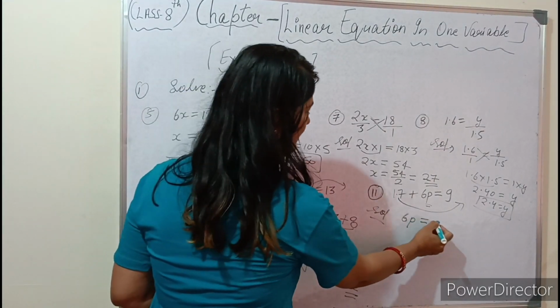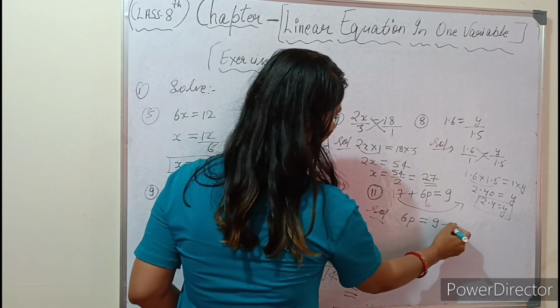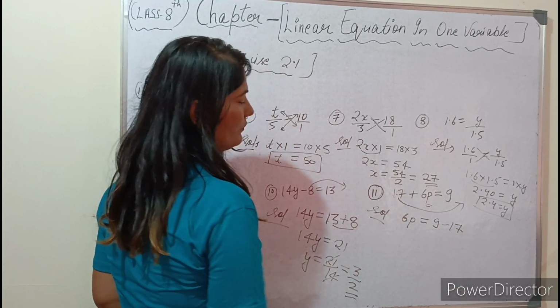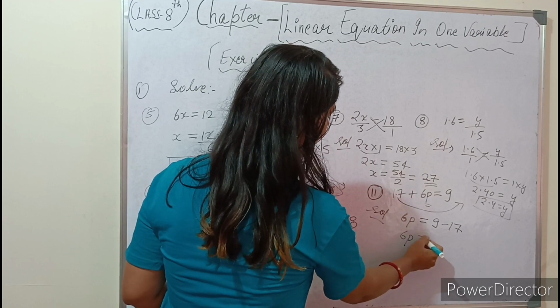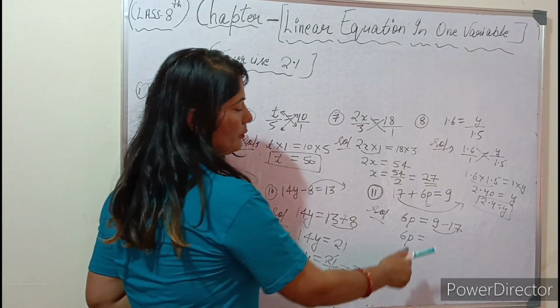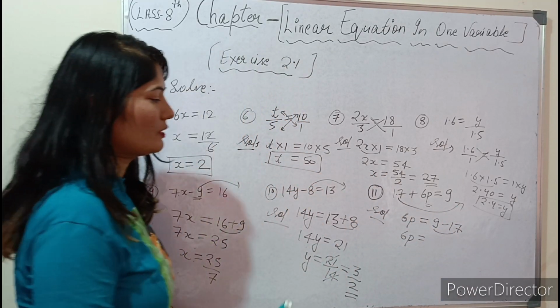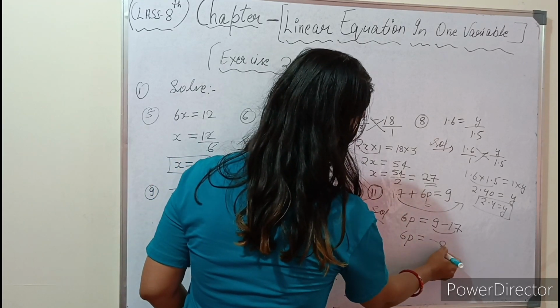So write 9 as it is, and this is plus 17, it will go to this side, it becomes minus 17. So 6p is equals to, now 9 minus 17 is 8, but here the bigger number is 17 and bigger number sign is minus, so your answer will be minus 8.